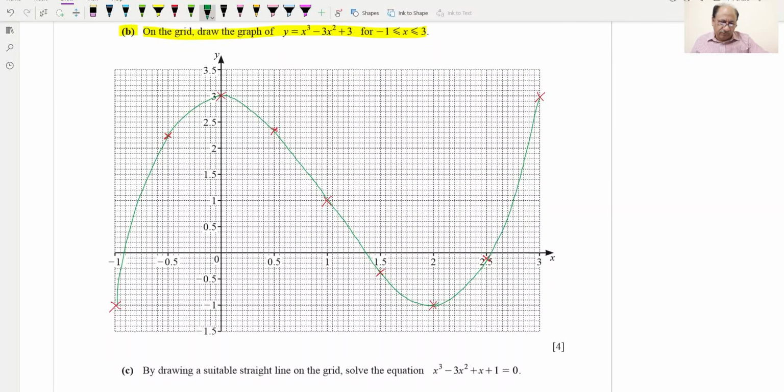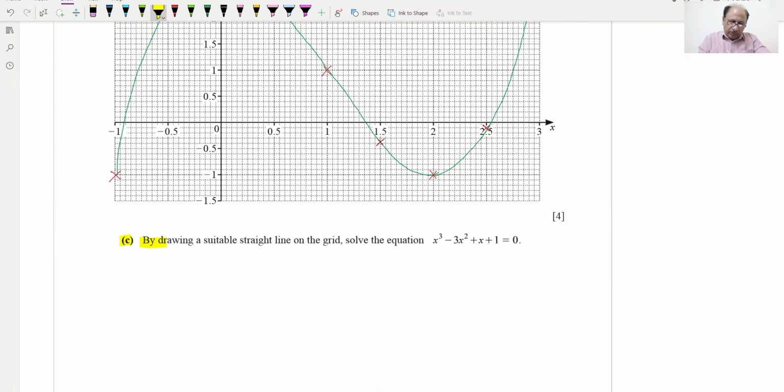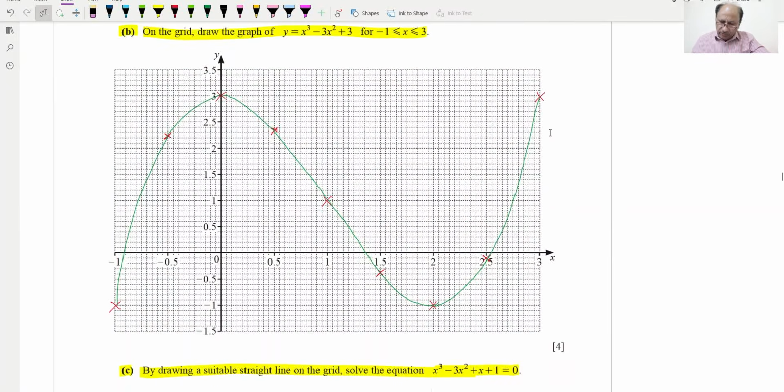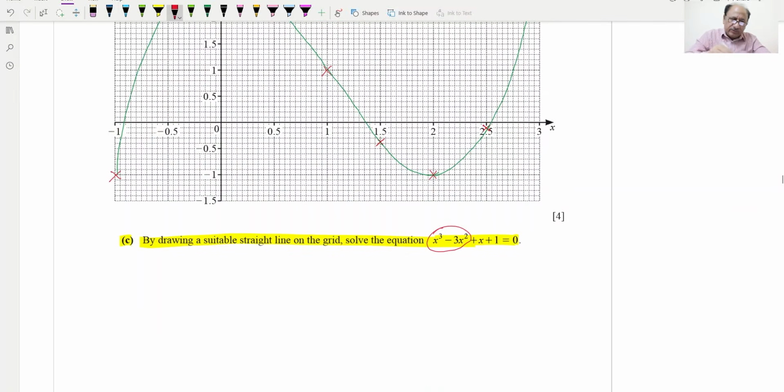And now we have the C part: by drawing a suitable straight line on the grid, solve the equation. This equation we have to solve. If we check carefully, this portion x cube minus 3x plus 3 is the same as this one, plus 3 is missing, so we will add and subtract.